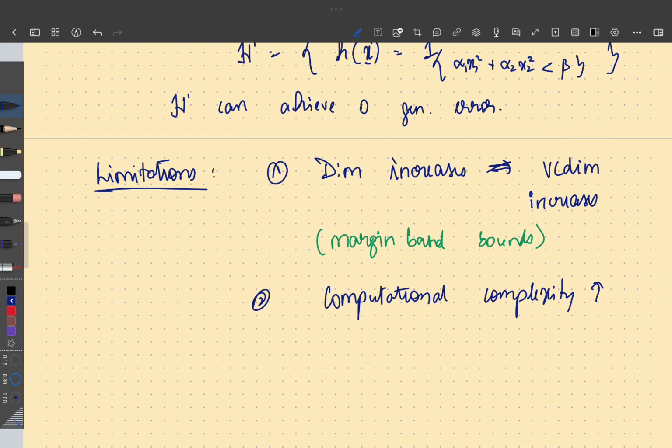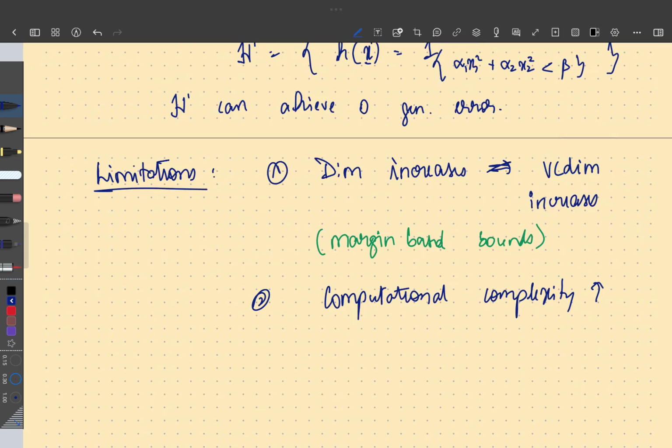Right? Because the computational complexity depends on two things. One, the dimension of the ambient space. The way we posed the support vector machine optimization problem, the second is the number of data points, because the number of data points will give the number of constraints.